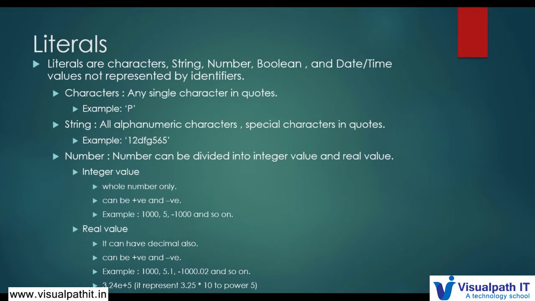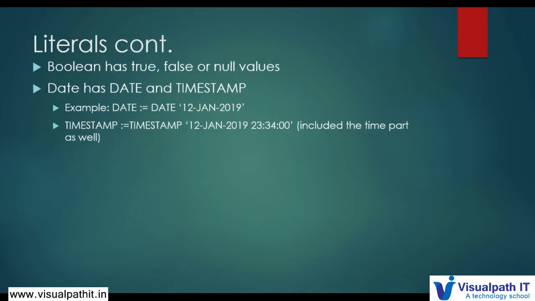It can be any alphanumeric string with a special character, with numeric only, with characters only. It doesn't matter as long as it is between single quotes. So these are characters, string and number, and in the next slide we'll see boolean.